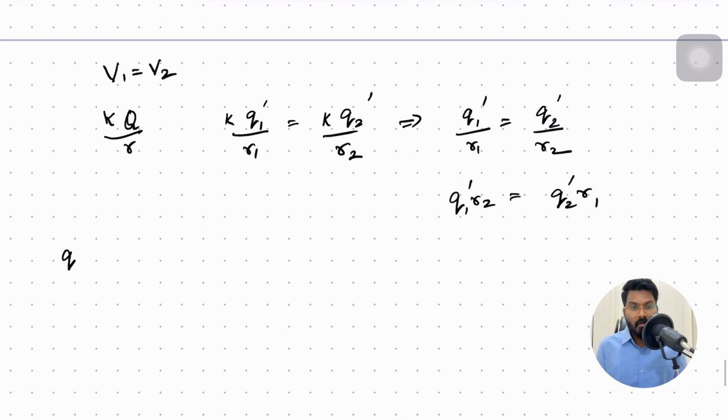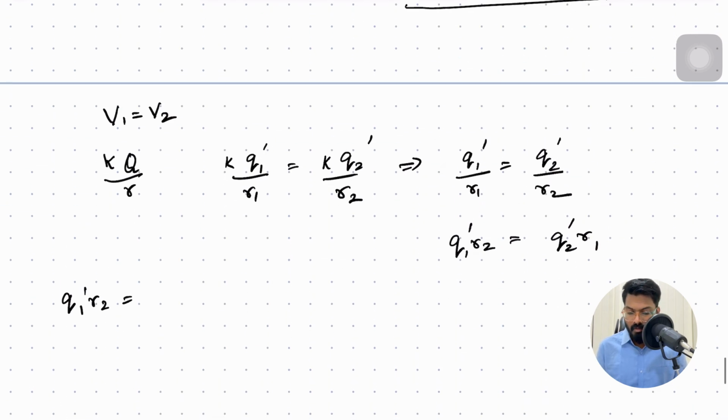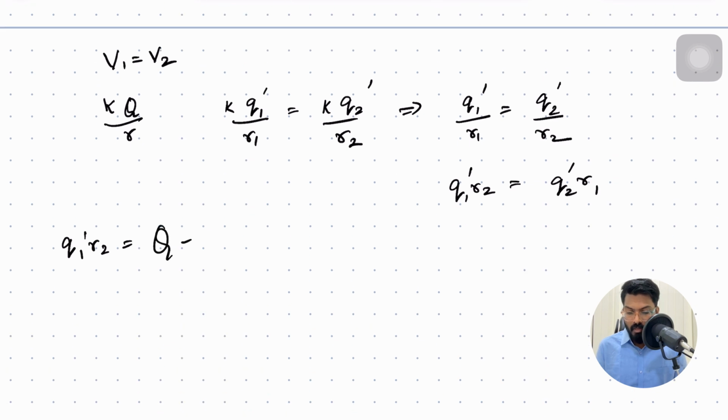Now let's keep Q1 dash R2 here. Q2 dash from our previous equation is nothing but the total charge Q minus Q1 dash. Multiplying by R1, it becomes Q into R1 minus Q1 dash into R1.